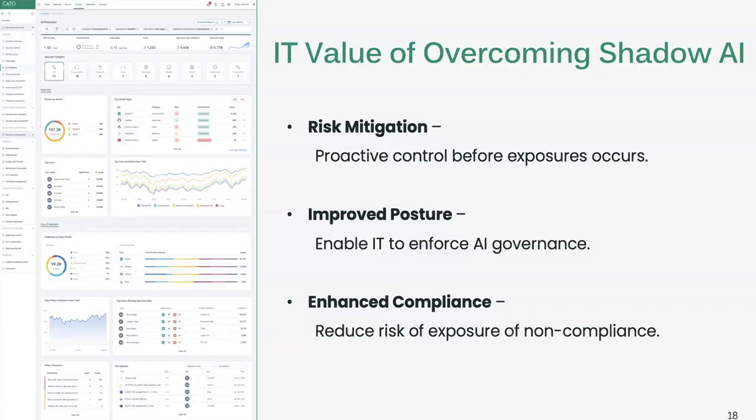You have to talk about improving and strengthening the security posture in terms of enforced AI governance. Of course, you have to talk about the compliance. How can we mitigate the risk of the exposure of non-compliance? So these are the top 3 talking points you may start with as an icebreaker to the C level.